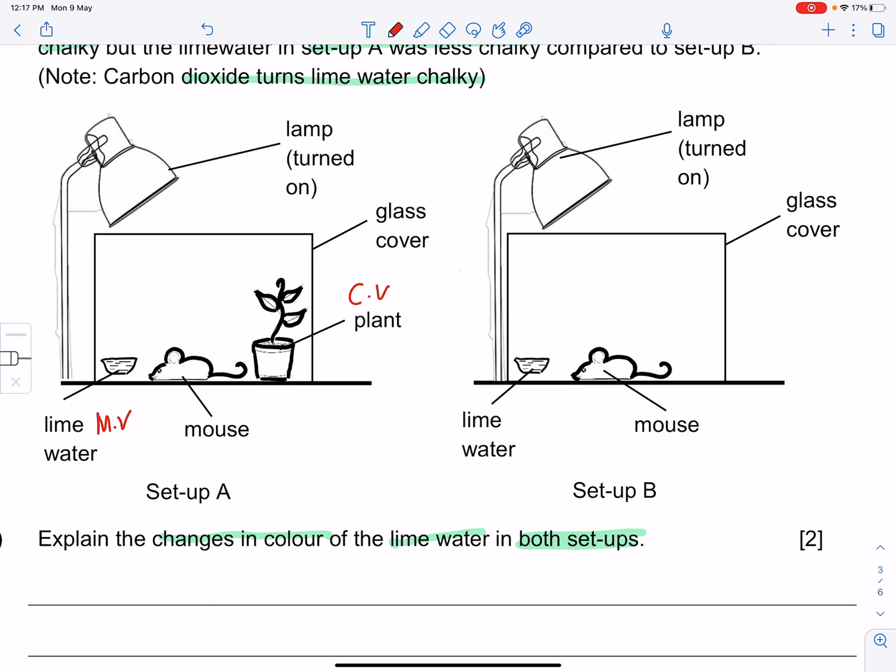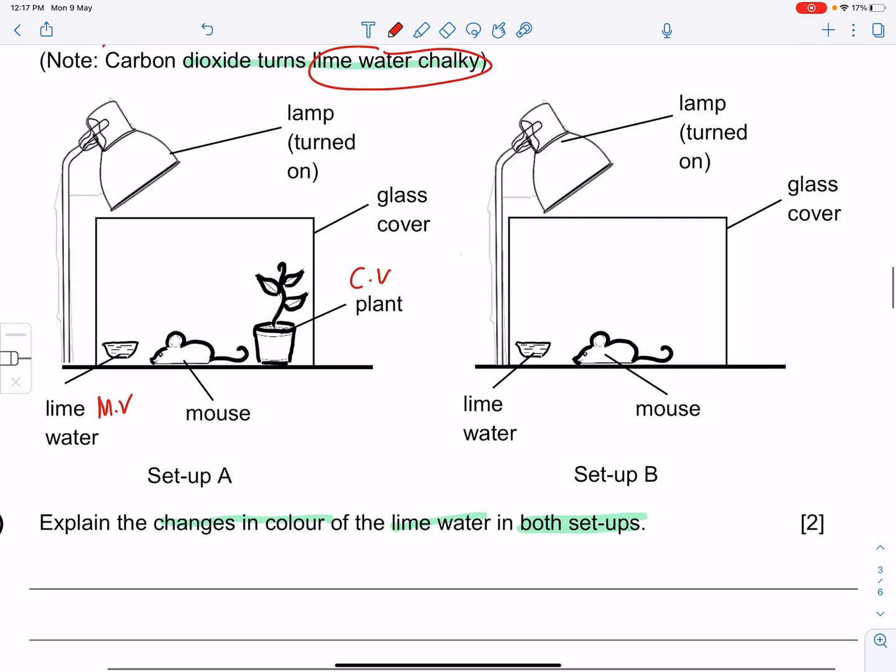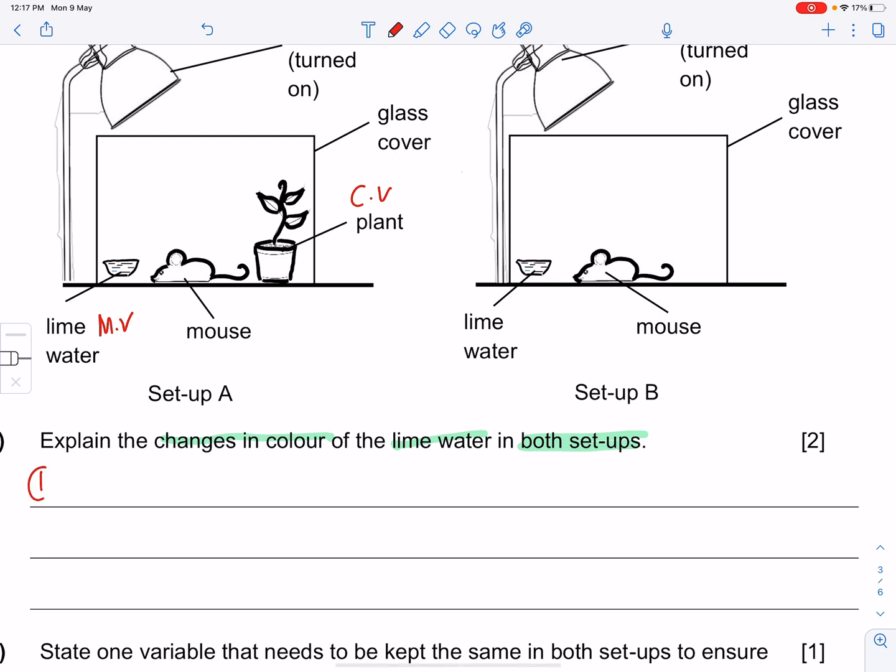So you have to account. Okay, the first point, how come both turned chalky? So for the first part, you have to tell me the mice in both setups A and B respired, or carried out respiration.